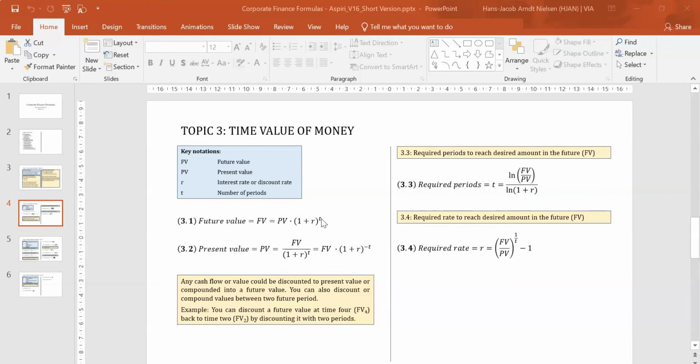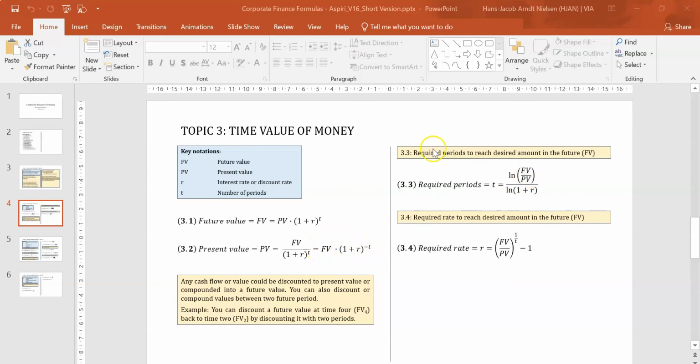Finding the present value, when we go the other way and discount, you can see that we simply take the future value multiplied by 1 plus r to the power of minus t. The small minus here makes a great deal of difference when we talk about discounting and compounding. There is an alternative where you see the future value divided by 1 plus r to the power of t, and that's exactly the same as the calculation we have here.